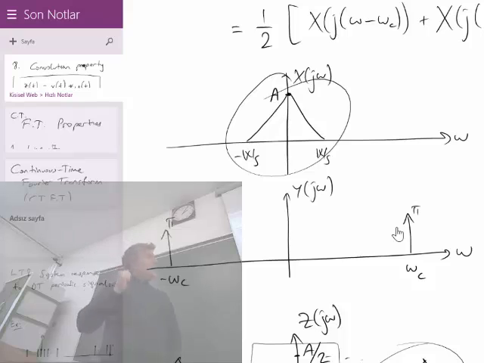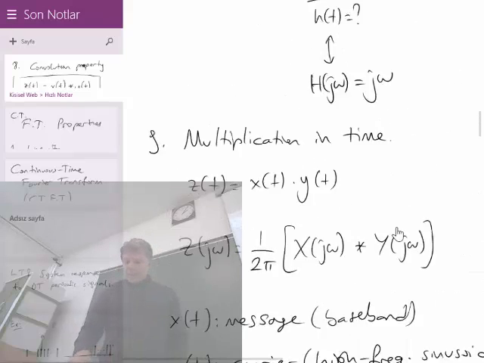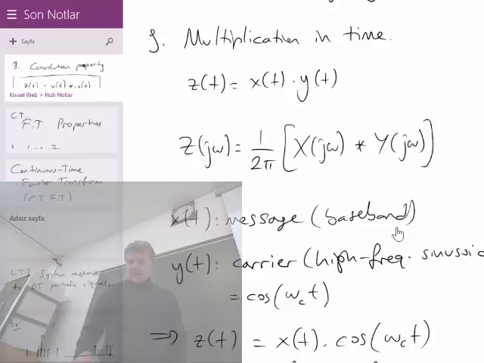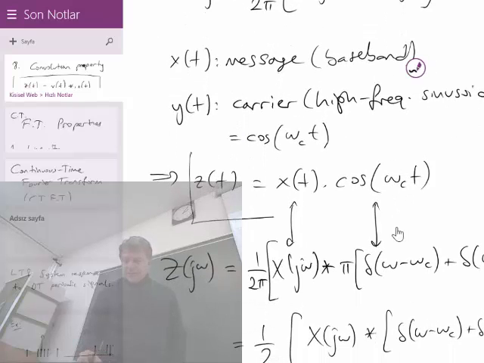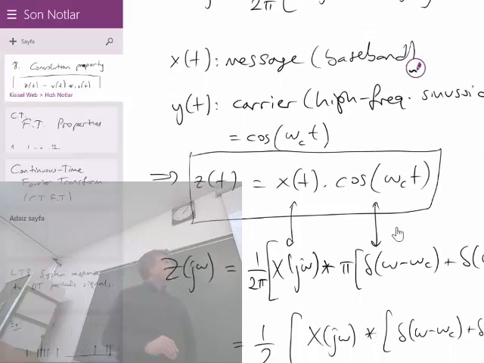When you multiply your x of t signal with a cosine omega c t, where omega c is the carrier frequency, that c notates the carrier over there for omega c. When you multiply in time, whatever happens in the frequency counterpart is the convolution of the Fourier transform of x of t, which is X of j omega, with the Fourier transform of cosine.